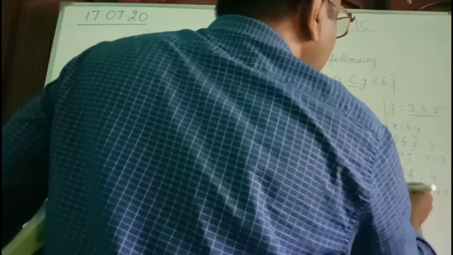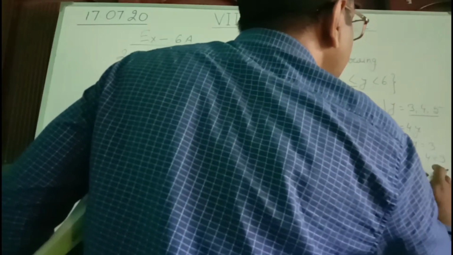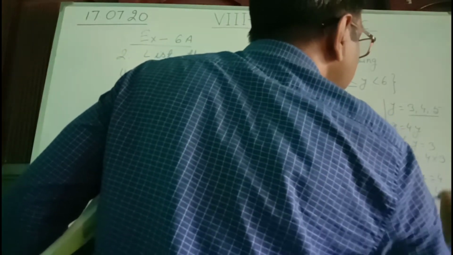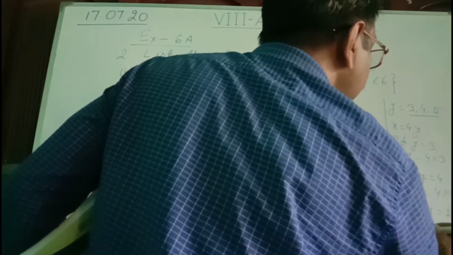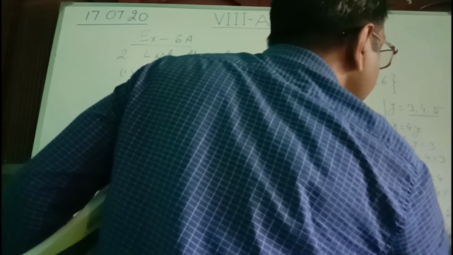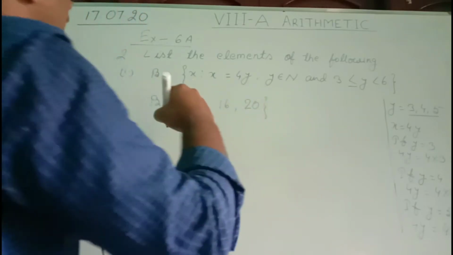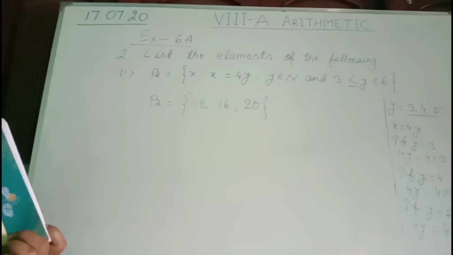And if y equal to 5, then 4y equal to 4 into 5 equal to 20. So this third element became 20. Roster form of this set builder form became 12, 16 and 20.